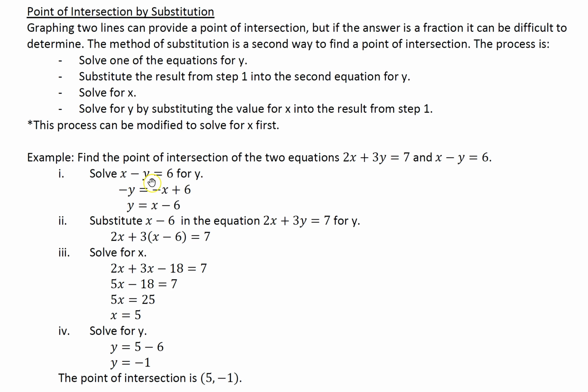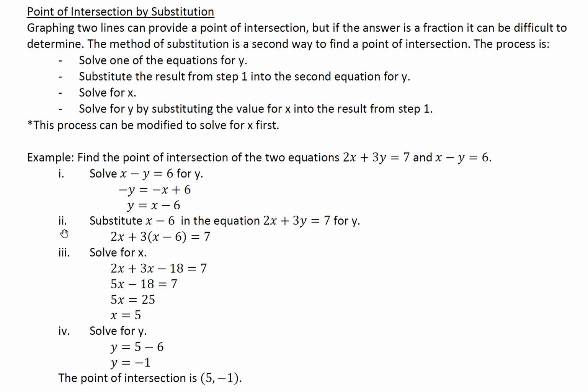I took x minus y equals 6 and solved it for y by subtracting the x from both sides of the equation and then dividing everything by -1, since there was a silent coefficient of -1 in front of y. I chose not to use the first equation because if I had tried to solve for y, I would have been dividing by 3, which would create fractions. And I really like to avoid fractions in the middle of my work.